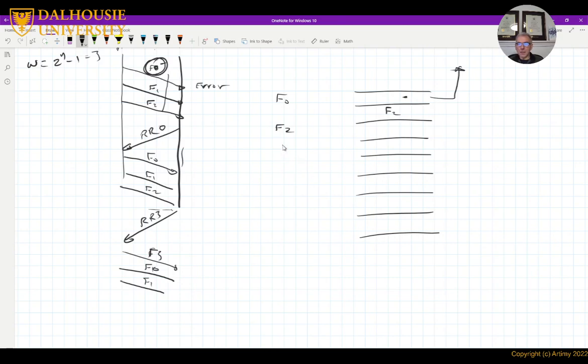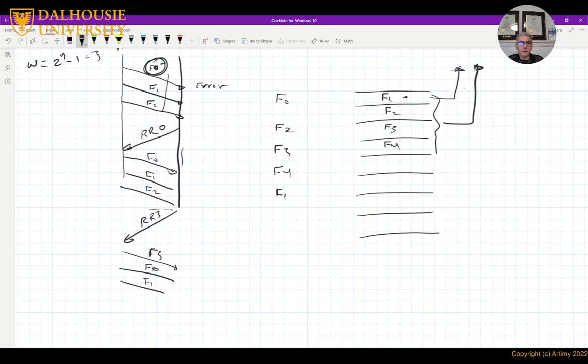So let's say frame 3 is received correctly, so I'm going to put it here. Frame 4 received correctly, so I'm going to put it here. And I have to put all the frames one by one in memory and hold them until finally frame 1 comes. So I'll put it here, make sure that it is received correctly, and only then can I send all the frames to the upper layers, because they are expecting things in order, right?